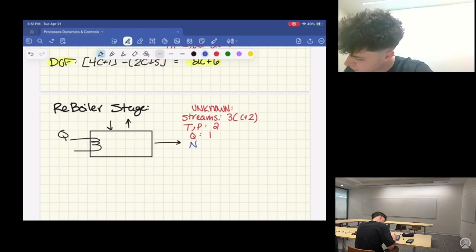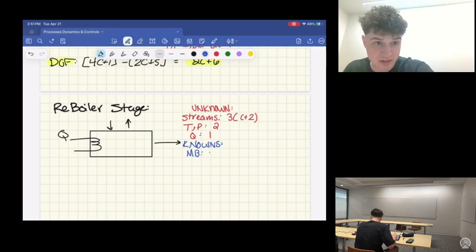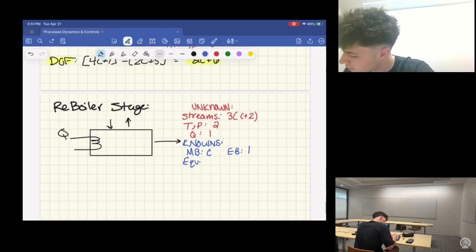And now we look at our knowns. And our knowns here, material balance will be C, energy balance will be 1. I keep saying equilibrium balance. This has been energy balance, I'm sorry. And then this is equilibrium.